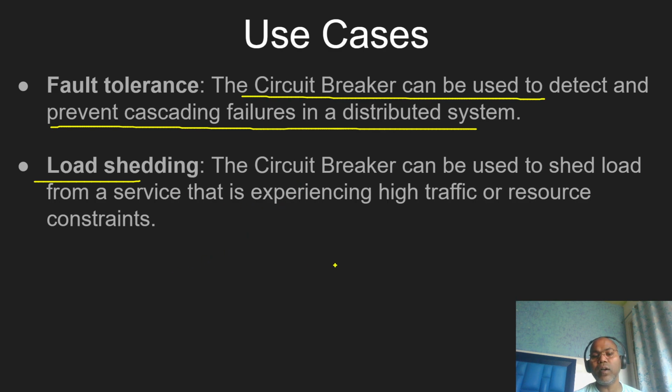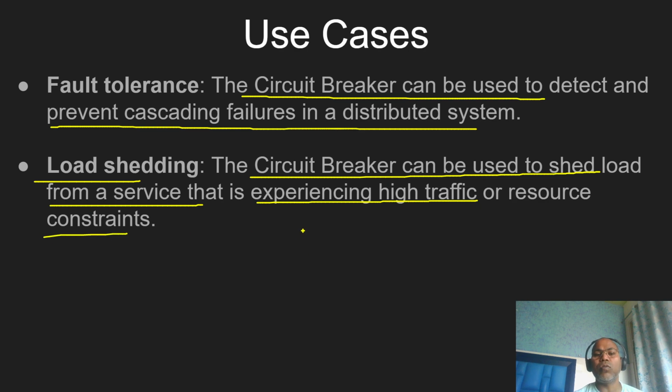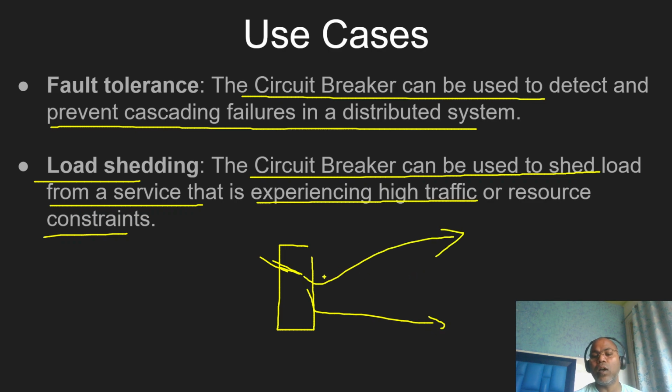The circuit breaker can also be used to shift the load from a service that is experiencing high traffic. The circuit breaker also has to decide which particular microservice is getting a high volume, and then the load can be distributed to a different service, or load can be stopped from being sent there.